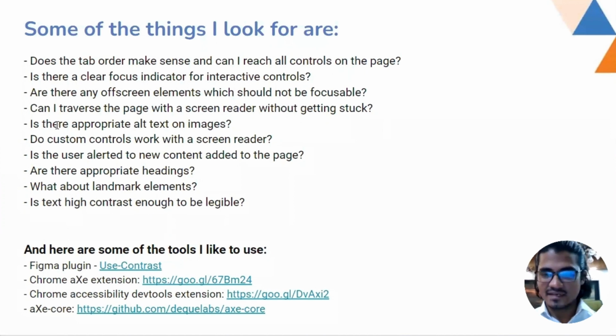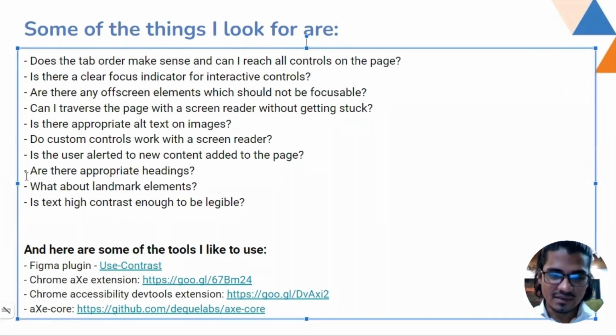I have done some research, and I have added a few things there for you. If you just read them, you will come to understand that while you are building your site, if you ask yourself these questions: what about the landmark elements?